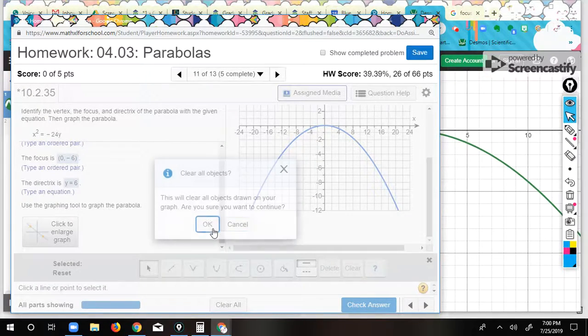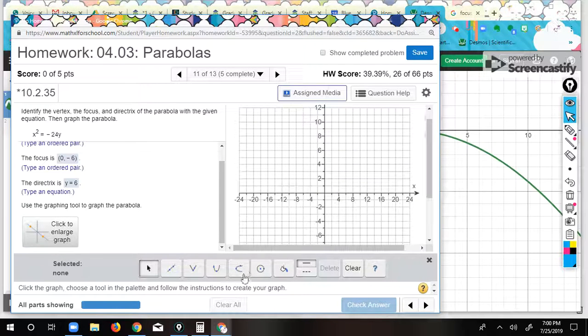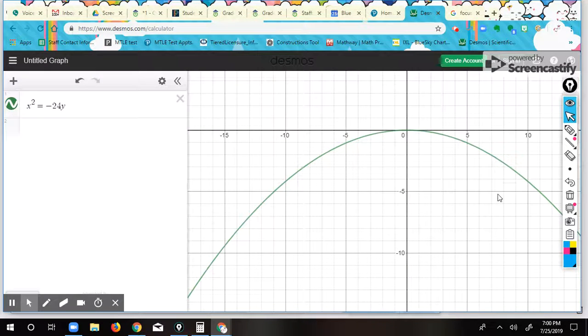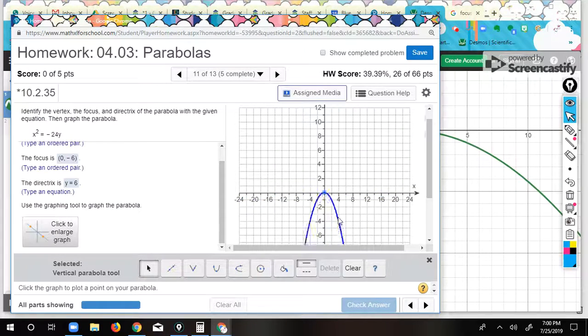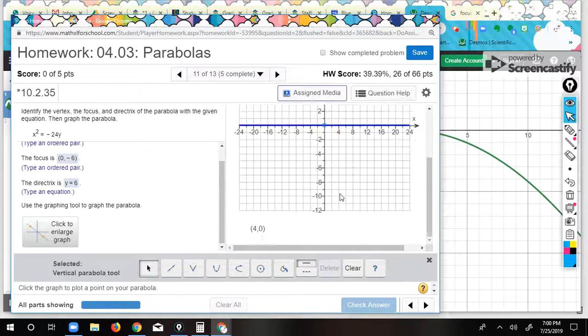Clear. So 0, 0. And then here we need an even numbered one. Well, let's try -6, see how it's like, or 6, and then -1.5. Let's try that. Oh, that's gonna work. 6. -1.